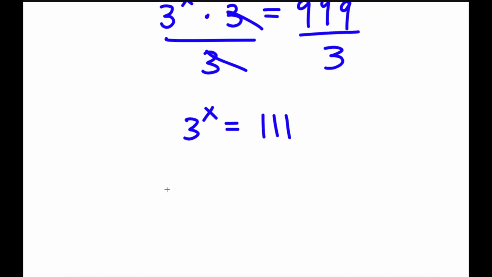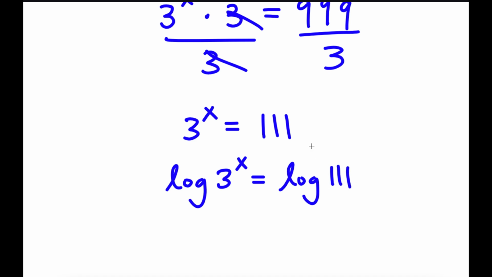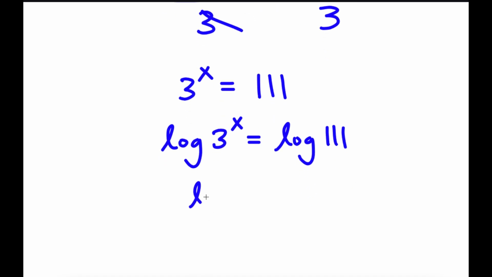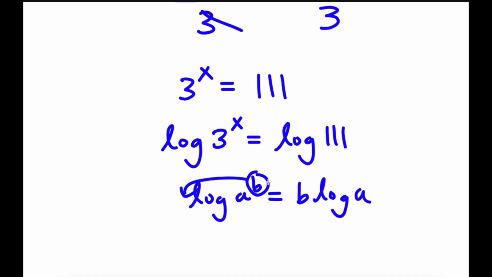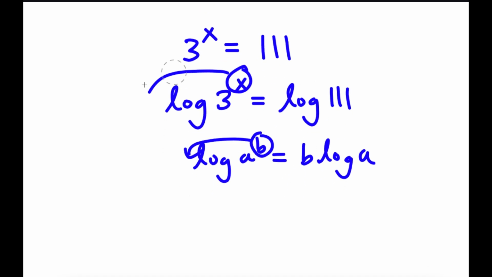Now if I take the log on both sides, I have log of 3 to the power of x is equal to log 111. And if I have something in the form log of a to the power of b, I can move this exponent b to the front. So this is equal to b times log a. So for log of 3 to the power of x, I can move x to the front.